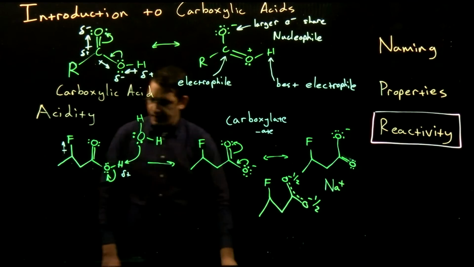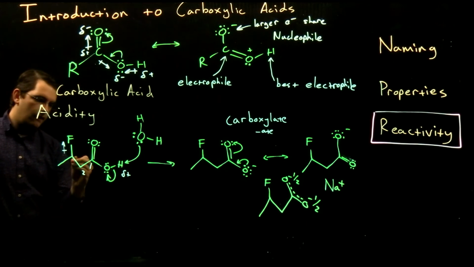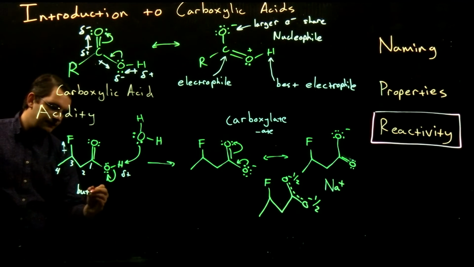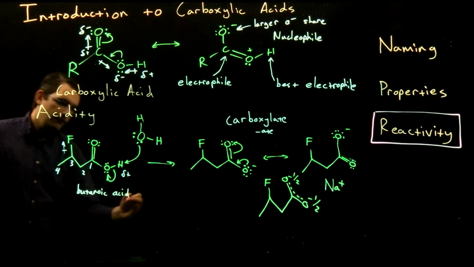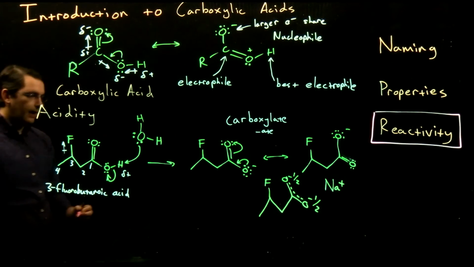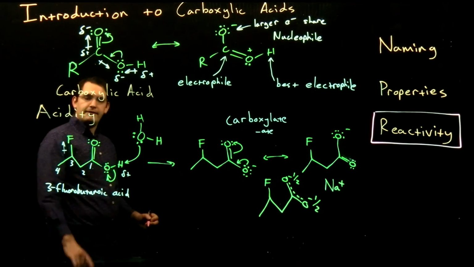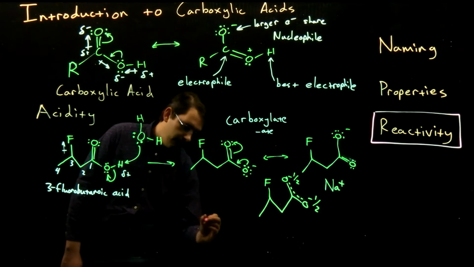So at this point then, for our particular compound here, we have our 4 carbons here, making this a butanoic acid. We also have that fluoro here, so this would be 3-fluorobutanoic acid. Once we've deprotonated it, we're going to be replacing this oic acid ending with our ATE, and we're also going to add in our sodium.